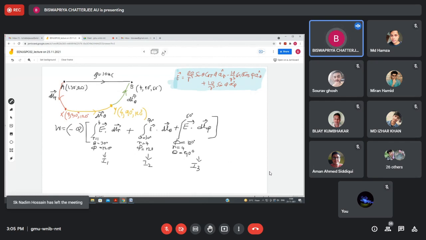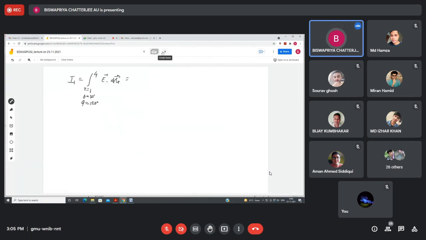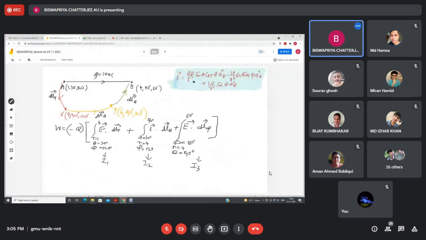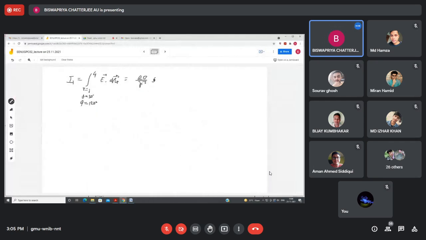So only this term will remain, and the result will be 20 by r cube sin theta cos phi a r cap dot. Now what is the differential line element in the spherical system? It is only dr a r cap.